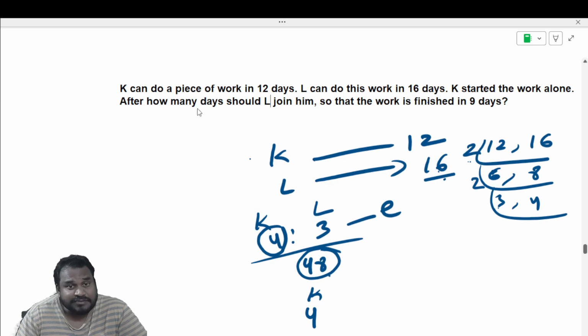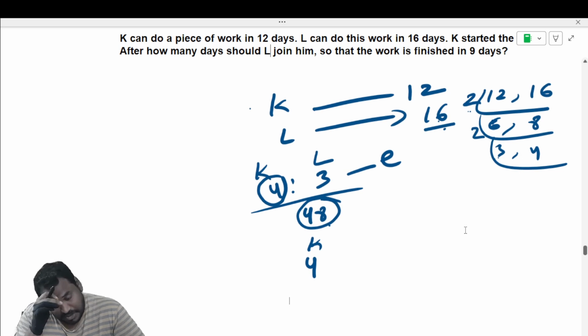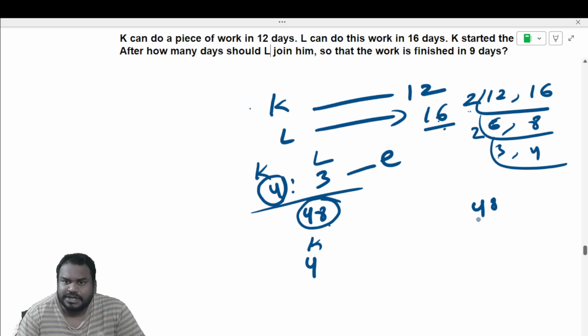After how many days should L join him so that the work is finished in 9 days? In this case, 48 parts should be finished in 9 days.